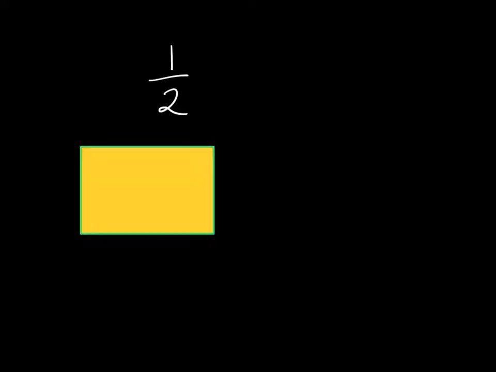Okay, let's look at equivalent fractions by first taking the fraction 1/2. 1/2 means I take an object and I put it into two pieces. Now we're going to shade one of those two pieces.